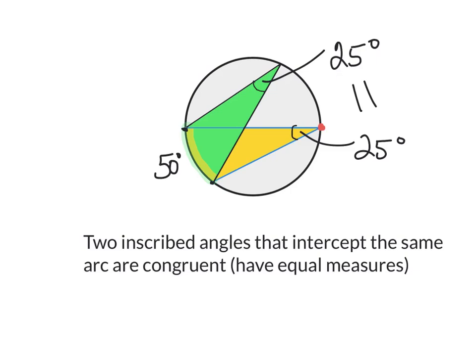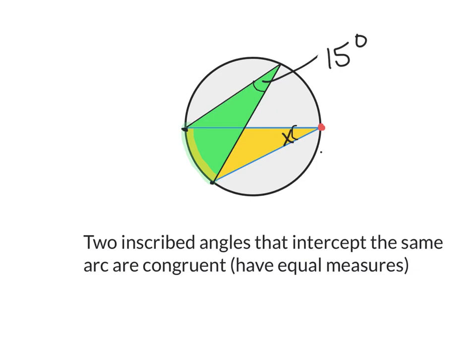Another example that I can give you is, say I gave you that one of the angles was, say, 15, and I asked you, what is x? What is the measurement of the other angle? Well, because you know that this green angle is 15 degrees, then you know its arc is going to be 30 degrees.